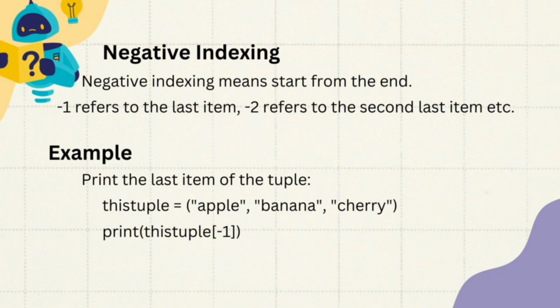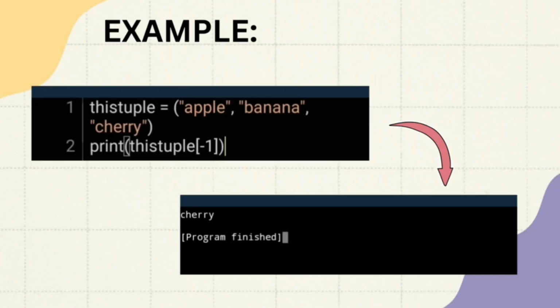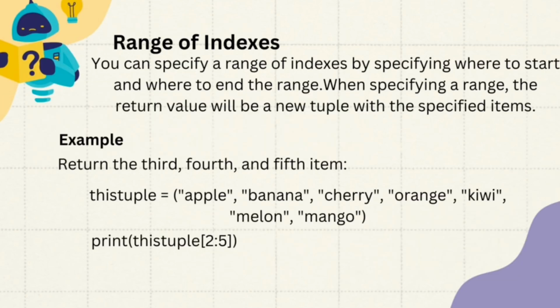Negative indexes. Negative indexes mean start from the end. -1 refers to the last item and -2 refers to the second last item, and so on. Range of indexes. You can specify a range of indexes by specifying where to start and where to end the range.